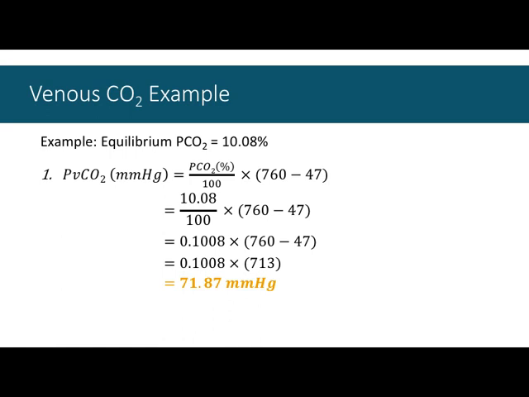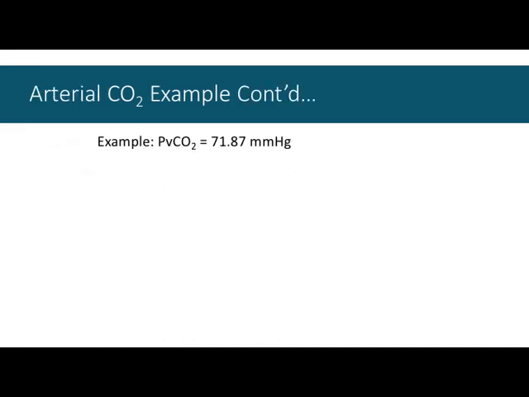But we need this to not be partial pressure, we need it to be contents. So we take this number, and much like we did at the start of class for the arterial side, we transform this to contents. This is an example. I mentioned that I'm going to change this in the coming notes. This is an example of how that would change so you don't have to do the correction for units right at the end.